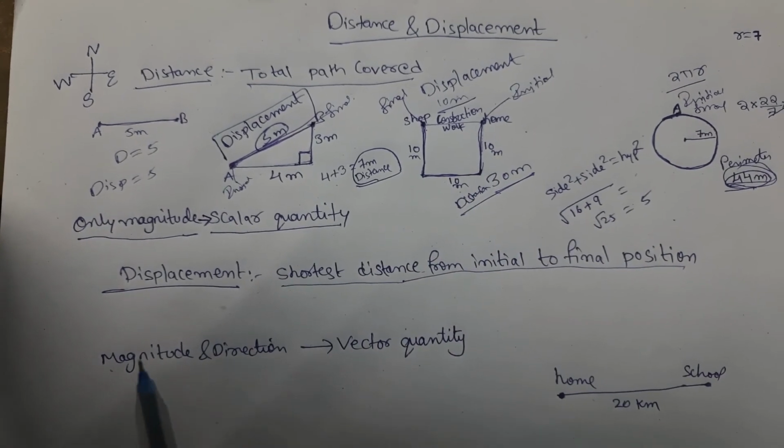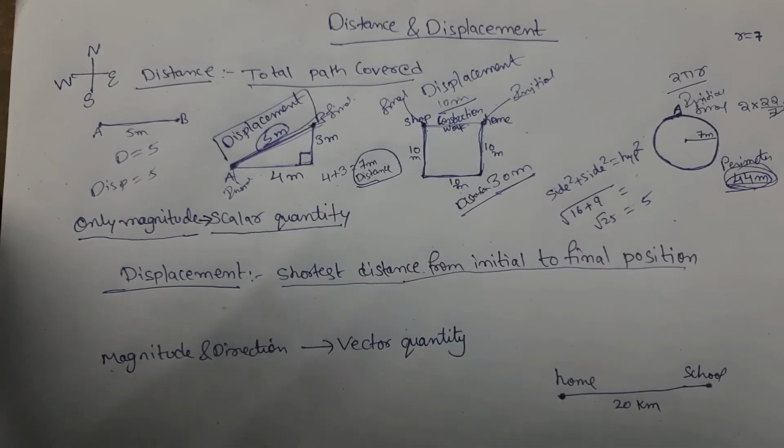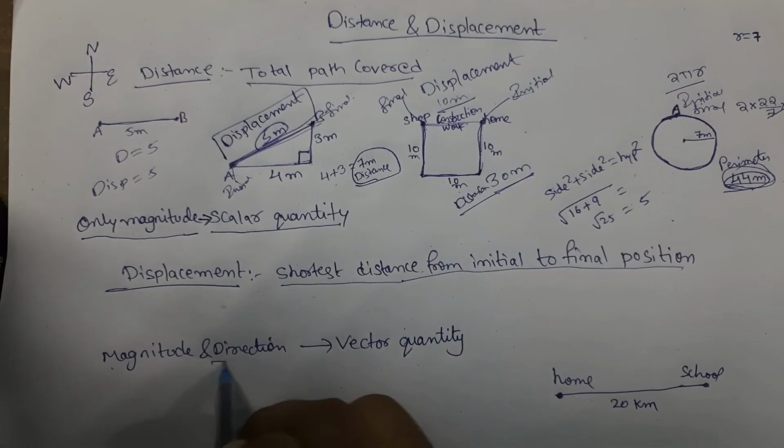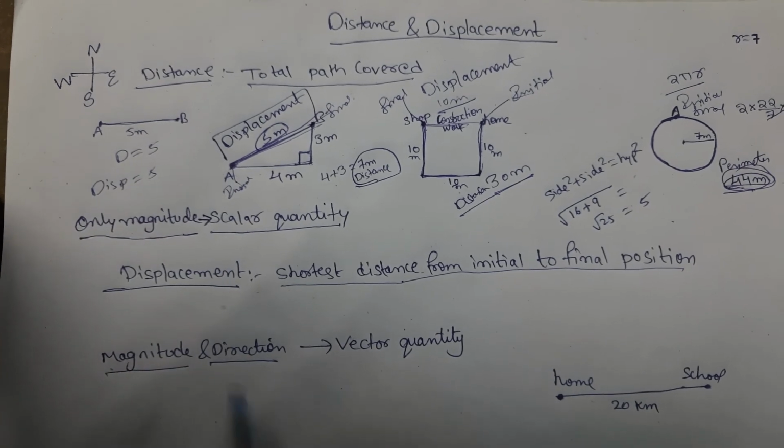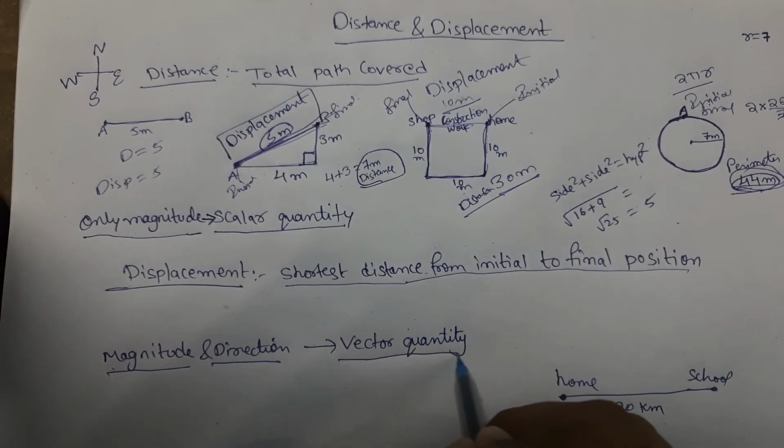So in displacement, the shortest distance, there will be direction along with magnitude. So if you have direction and magnitude, then it is a vector quantity.